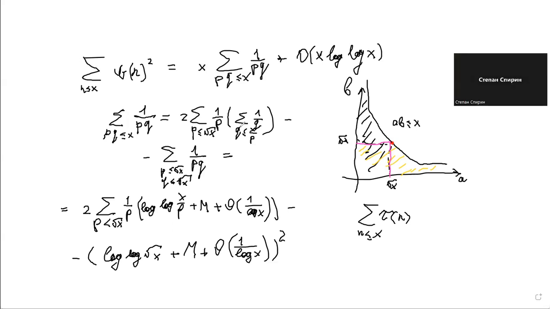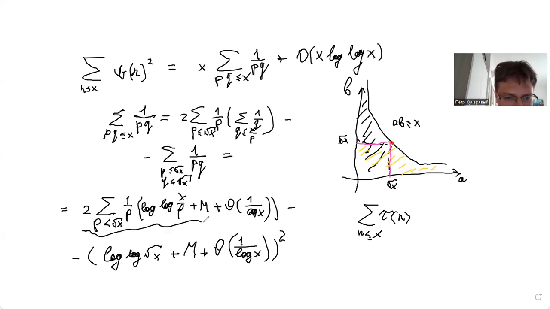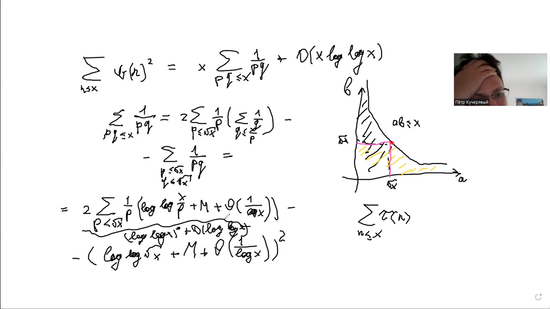And if you look carefully, you see here the main term is log x squared, plus big O of log x, because p is less than square root of x.